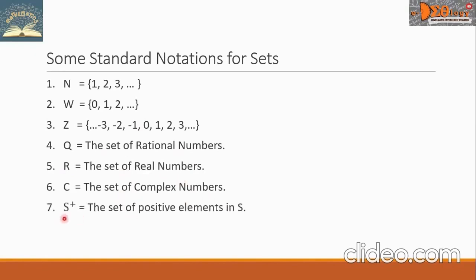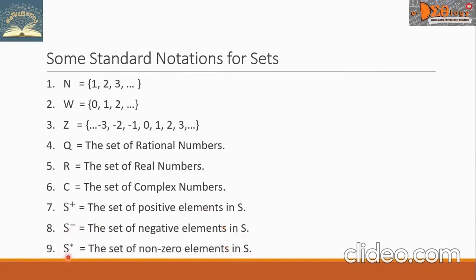Set S with exponent plus is the set of positive elements in that set S. Next is the S with an exponent minus. This is the set of negative elements in that set S. The last here is S with exponent asterisk. This is the set of non-zero elements in the set S.